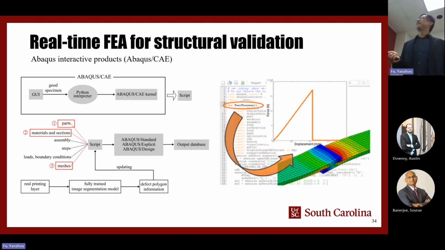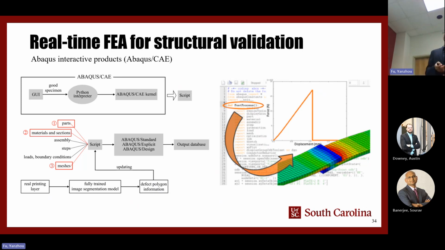So Abaqus offers a Python API that offers the opportunity to use the Python interface to interact with Abaqus CAE or Abaqus viewer. Abaqus CAE can automatically generate a pattern file.